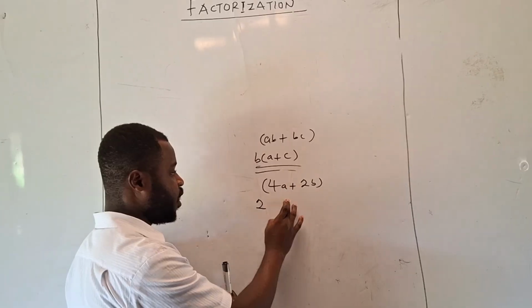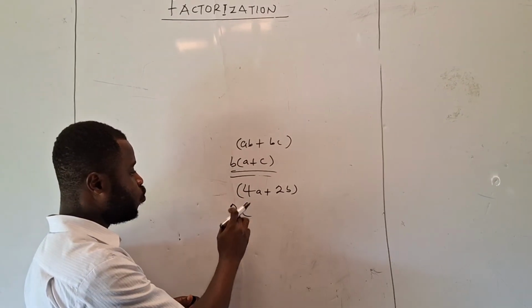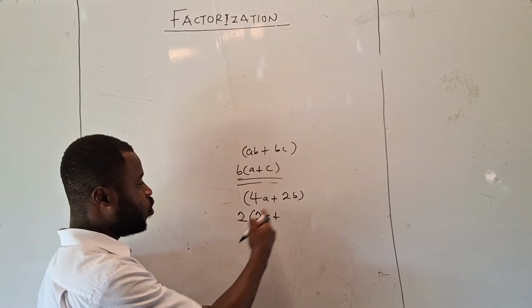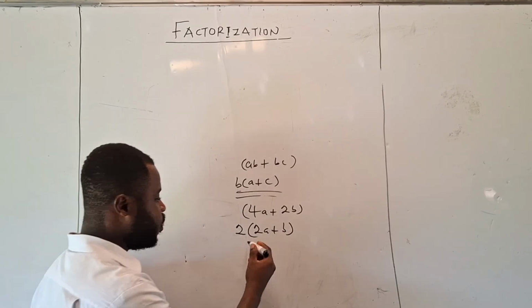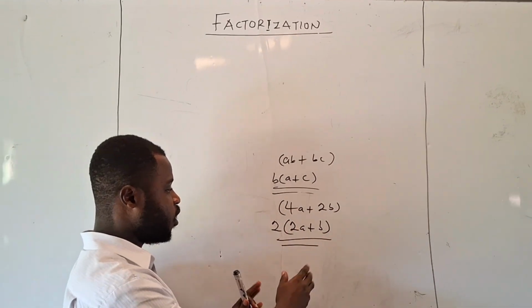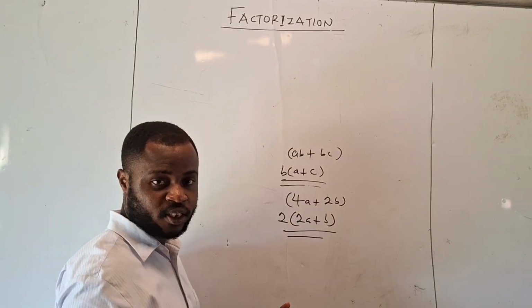The letters here are A and B, so they are not common factors. The 2 will go into 4, you have 2, then you bring the A, plus 2 will go into 2 once, then what is left here is B. You don't write 1B, you just write B. This is the answer. When you multiply 2 by 2A, you get 4A, plus 2 times B you get 2B. This is how it is done.